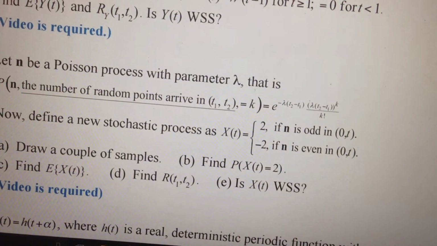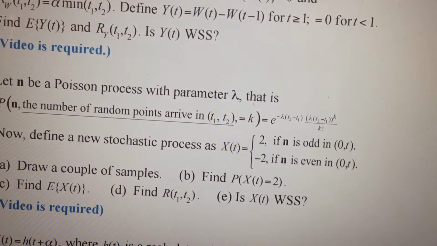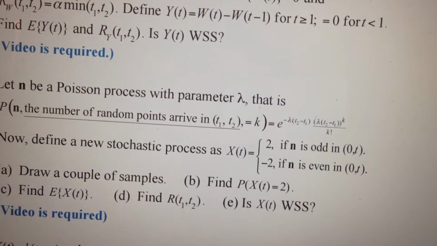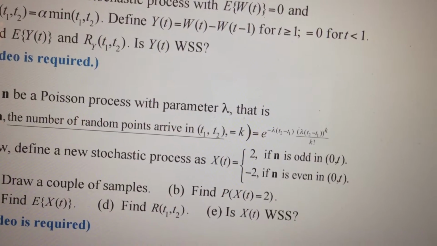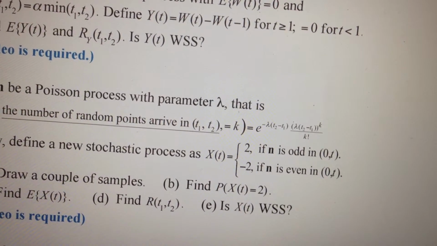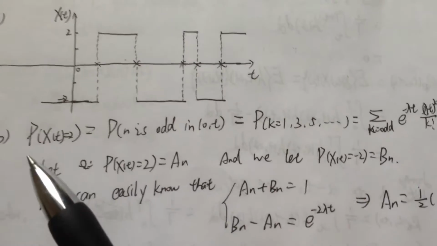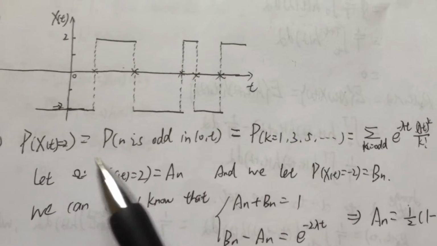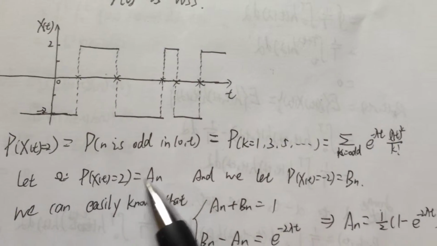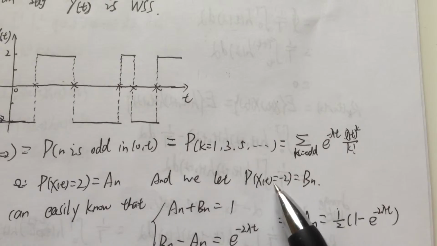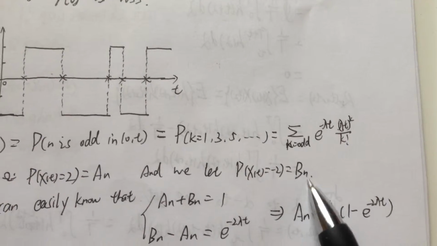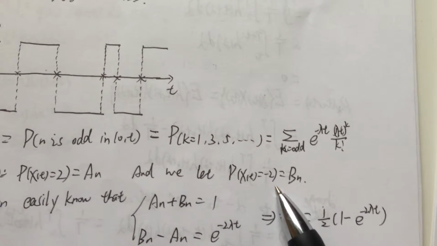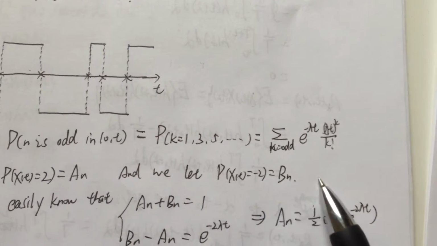Then we have to find the probability of X(t) equals 2, and we can easily find that the probability of X(t) equals 2 equals the probability that N is odd in the interval 0 to t. Let's make the probability of X(t) equals 2 equal to a_n, and let the probability of X(t) equals minus 2 equal b_n, that is the probability that N is even in the interval 0 to t.